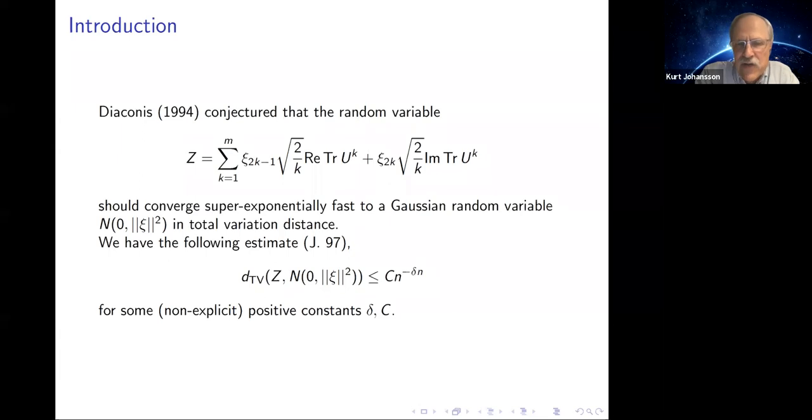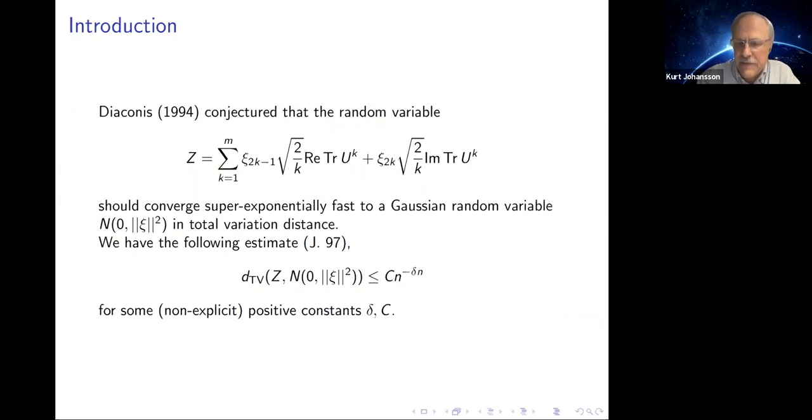So you really have a super exponentially fast convergence in total variation norm. The constants here are not explicit at all in my paper. I don't know how they depend on m or the size or anything, so there's no control of that. I just prove that there are some constants. Of course, you could go through the proof, but if you did that, you would not get very good control of these constants.